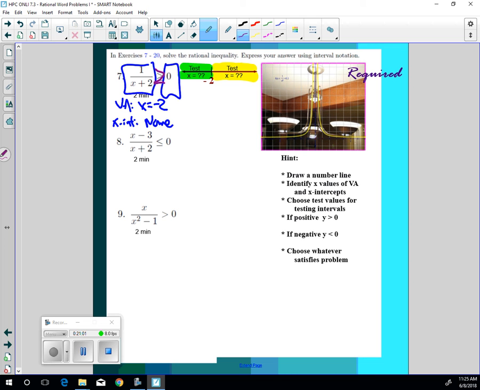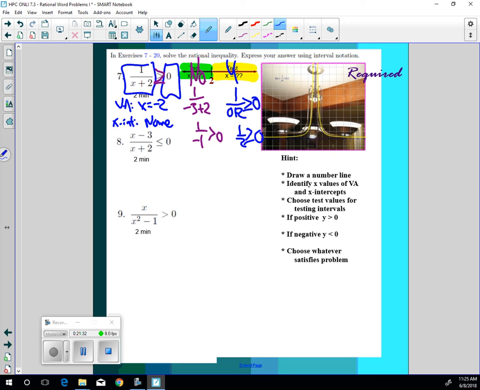If this is positive, okay, 1 over -3 plus 2, for example, 1 over -1, is -1 greater than 0? No. So that's not true. Let's try the other one here. Let's try something like 0. So 1 over 0 plus 2, is that greater than 0?